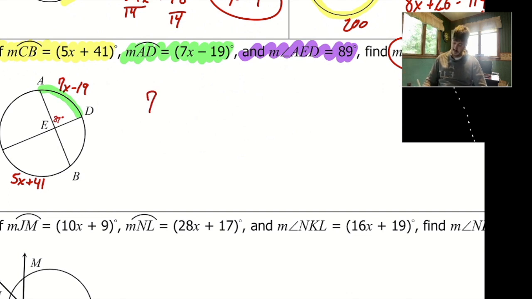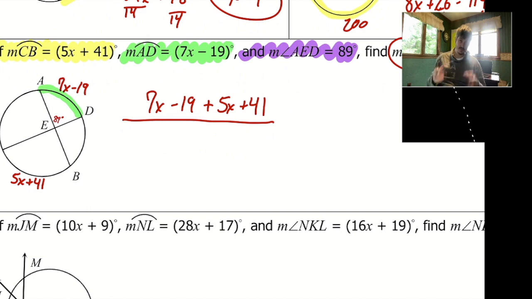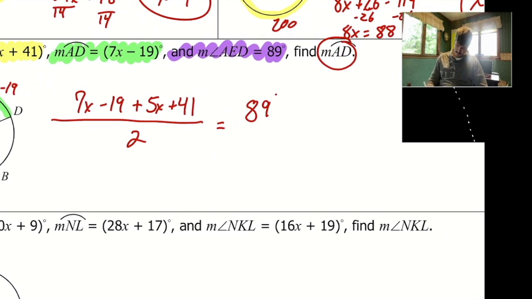So it's going to be 7x minus 19 plus the other angle, which is 5x plus 41. All of that is still just divided by 2. The two arcs, divide by 2. And you're going to set that equal to the interior angle, which is 89 degrees. And throw it over 1.